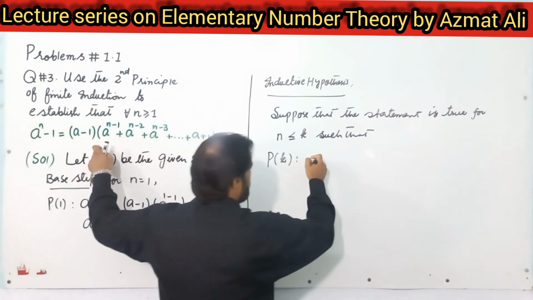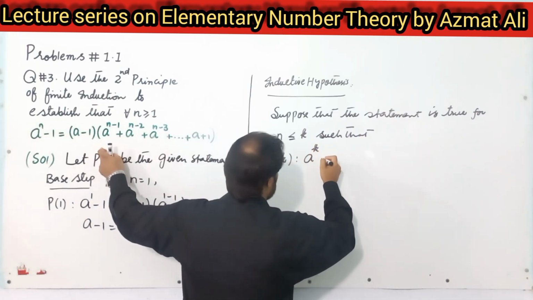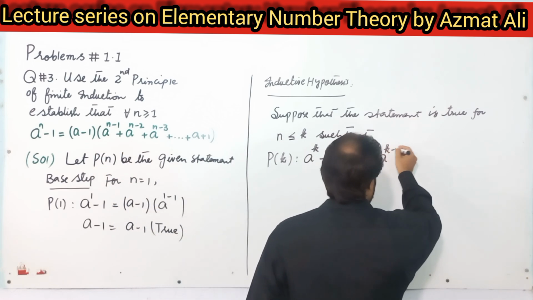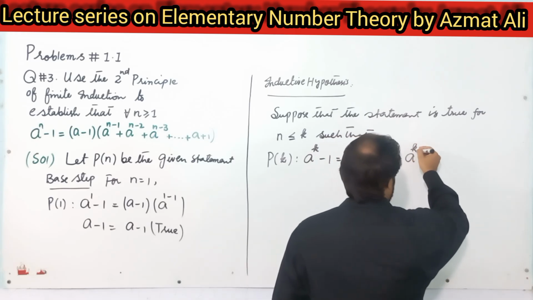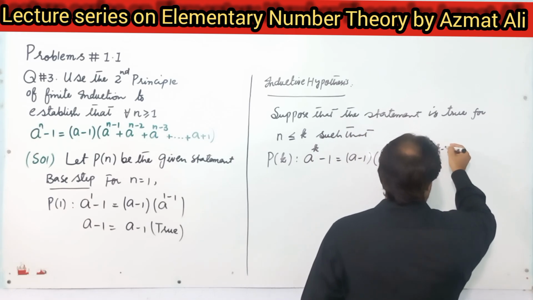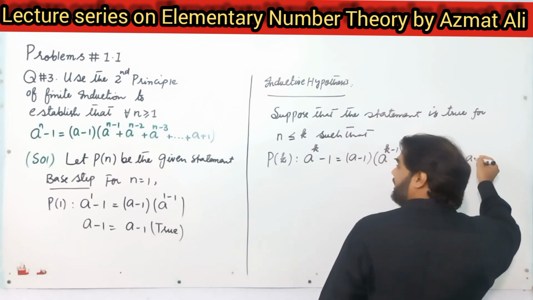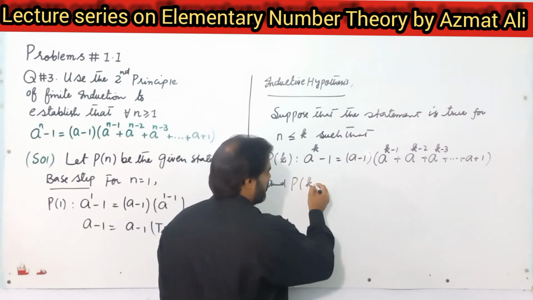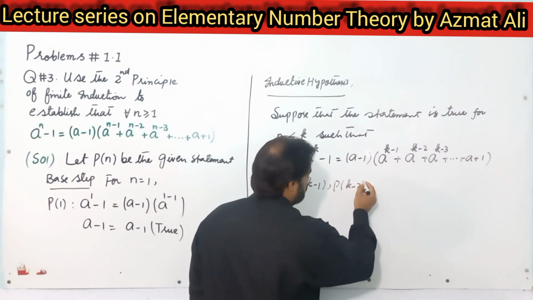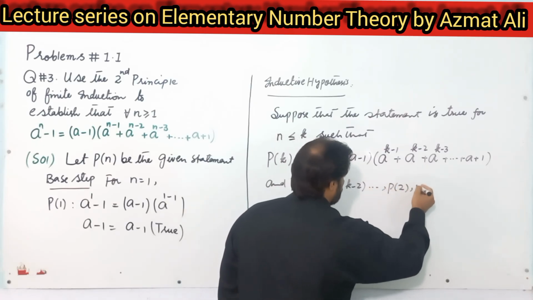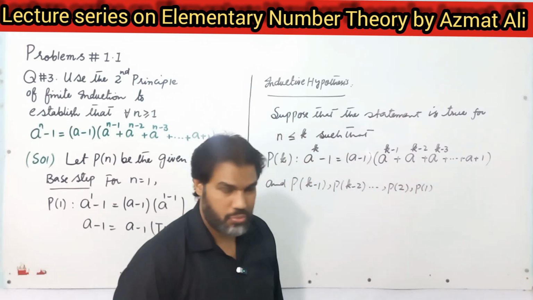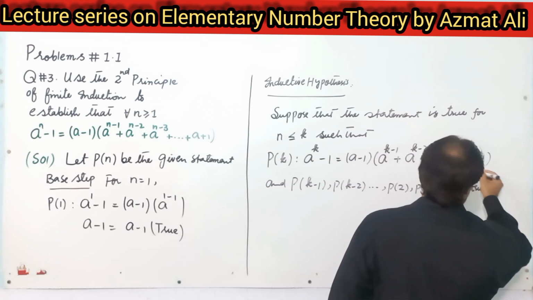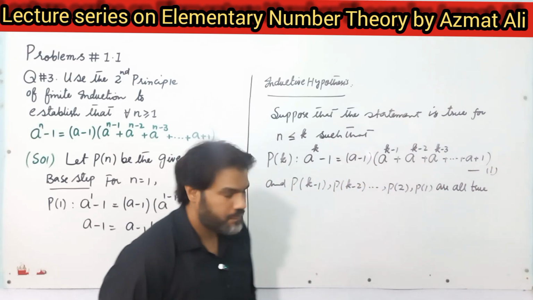We have a raised to power k minus 1 is equal to a minus 1 into a raised to power k minus 1, a raised to power k minus 2, a raised to power k minus 3, and so on up to a plus 1, and the statements for n is equal to k minus 1, k minus 2, and so on up to the statement for n is equal to 2, P1 are all true. Say this is our expression number 1.